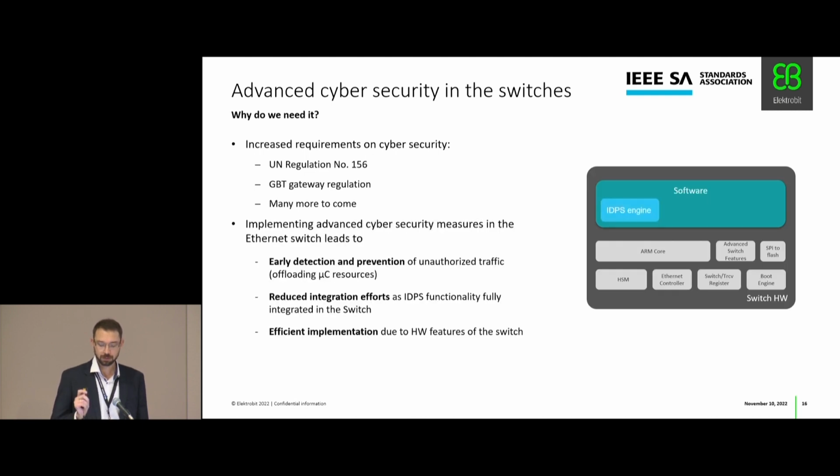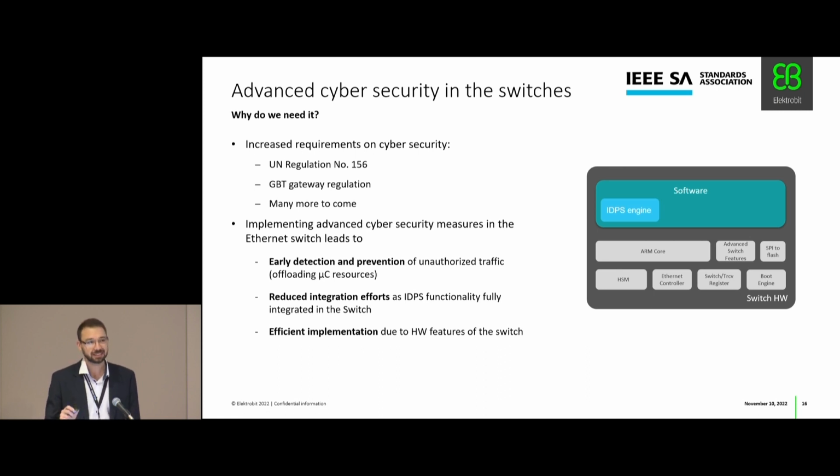So if, for example, an IDPS, which stands for Intrusion Detection Prevention System, or a Deep Packet Inspection technique whatsoever, is included inside of the switch, it means that you have a firewall or something like that, an advanced firewall, right in the middle of your network. You can say, which leads to early detection and prevention of unauthorized traffic.